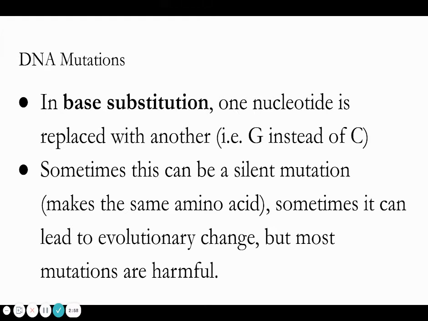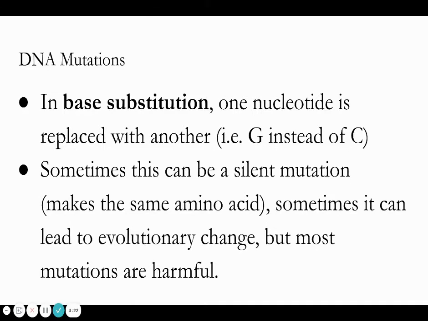When you have a base substitution, there are several possible outcomes. The first is one that is probably more common than we would ever know, and it's called a silent mutation. It's silent because you don't see any impact on the resulting protein, because you are making the same amino acid. If you remember from protein synthesis, there are 64 codons but only 20 amino acids.